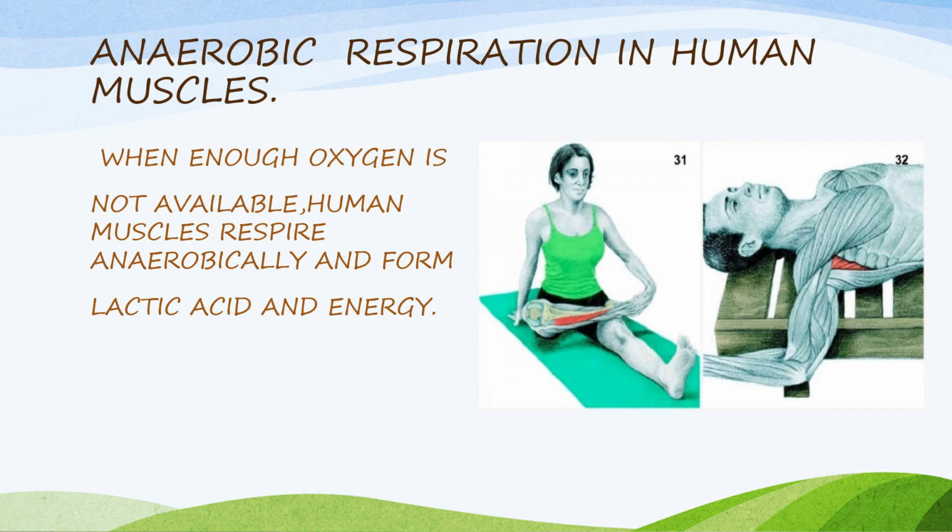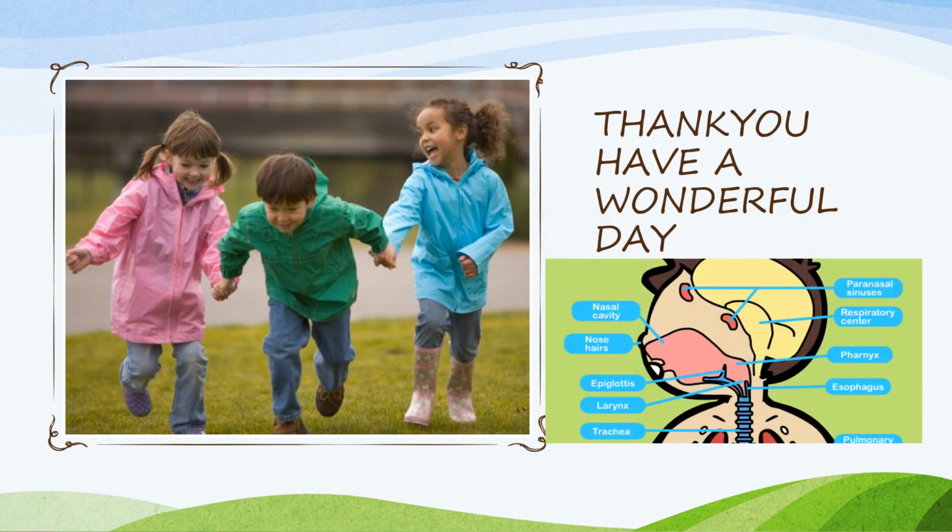So, what are the topics we discussed today? The two types of respiration: aerobic respiration and anaerobic respiration. Aerobic respiration is in the presence of oxygen, or with the use of oxygen; anaerobic respiration is without the use of oxygen, or in the absence of oxygen.